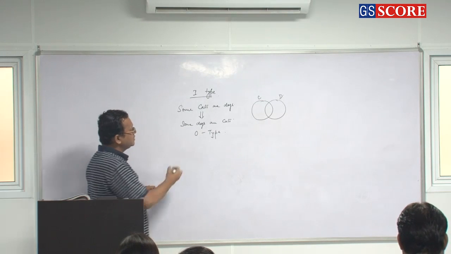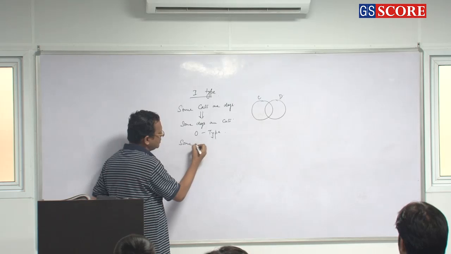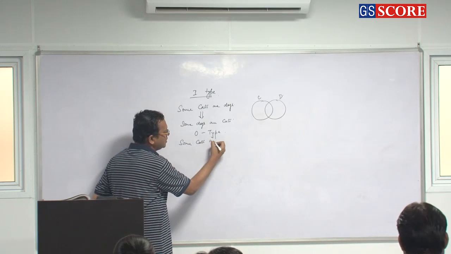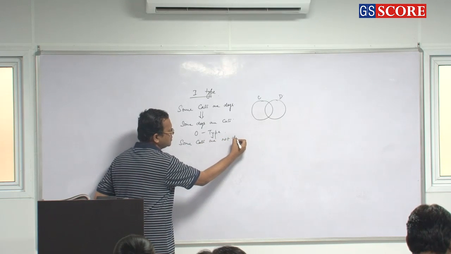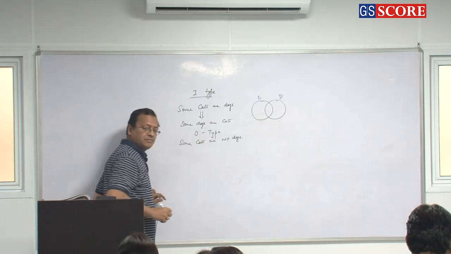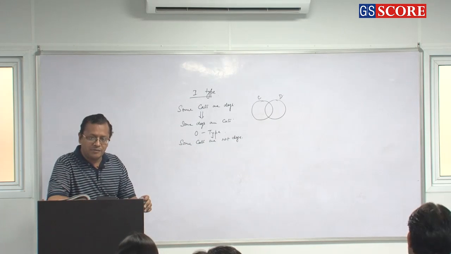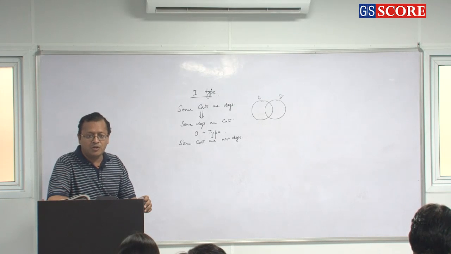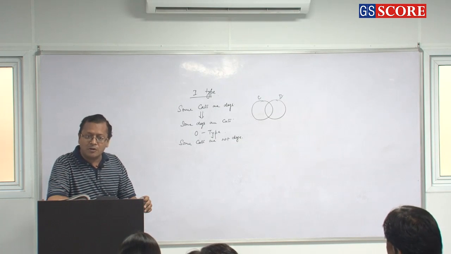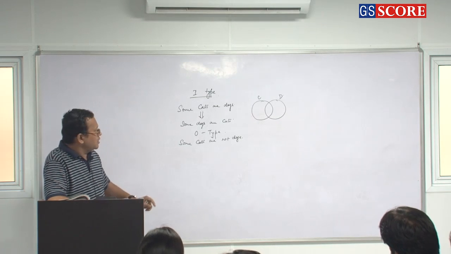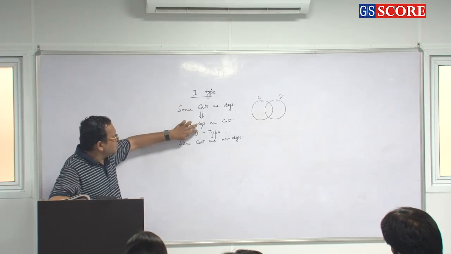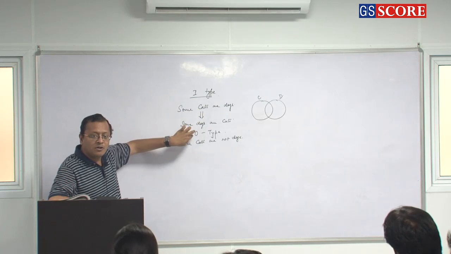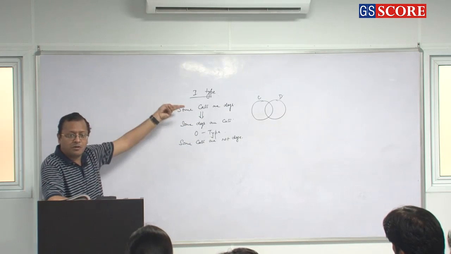If I say some cats are not dogs, nothing will follow from here. You cannot say some dogs are not cats. Here you can partially follow, some cats are dogs and some cats are not dogs, but the vice versa will not follow.